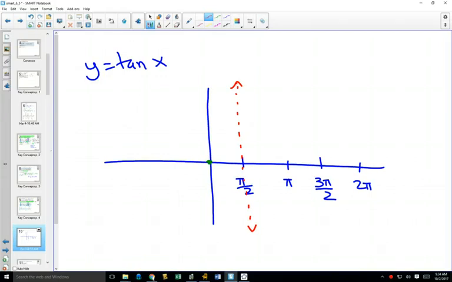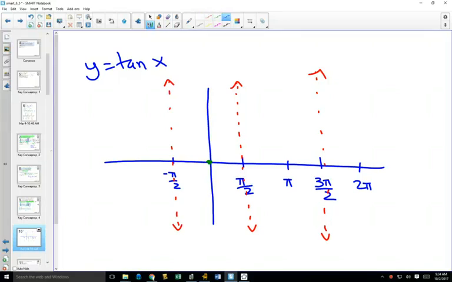Where else is it undefined? 3 pi over 2. Does it make sense that it would also be undefined at negative pi over 2?